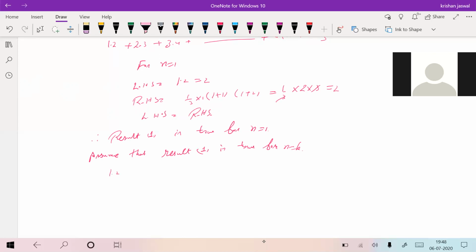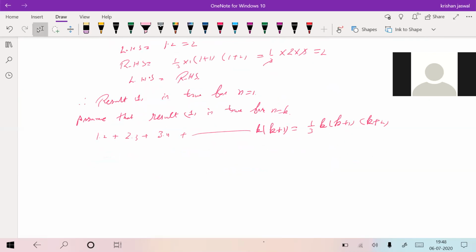Therefore, 1 into 2 plus 2 into 3 plus 3 into 4 plus so on plus k into k plus 1 is equal to 1 over 3 into k into k plus 1 into k plus 2. Now, what will we add on both sides? We will add k plus 1 into k plus 2 only.